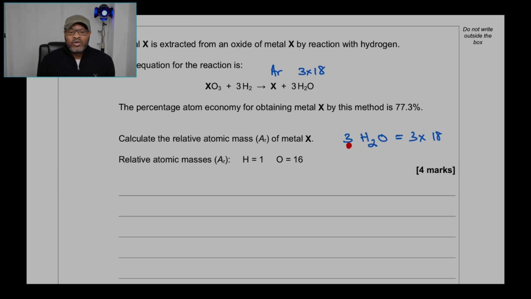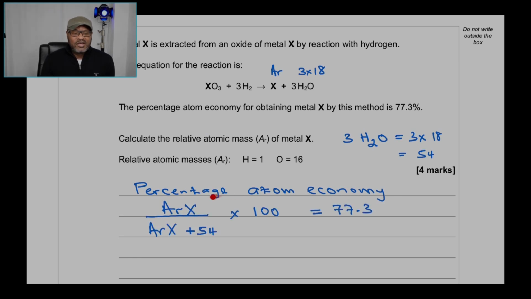Because we got 3 waters, the stoichiometric mole is 3, so we are going to be getting 54 grams per mole. And so the percentage atom economy here is going to be ArX, which is the one we're looking for on top, divided by the total of what we have for the products.